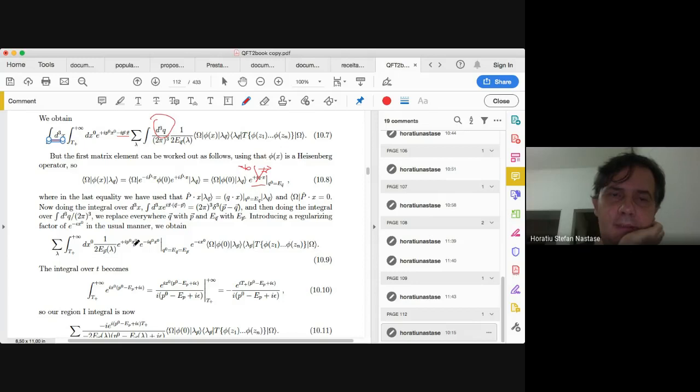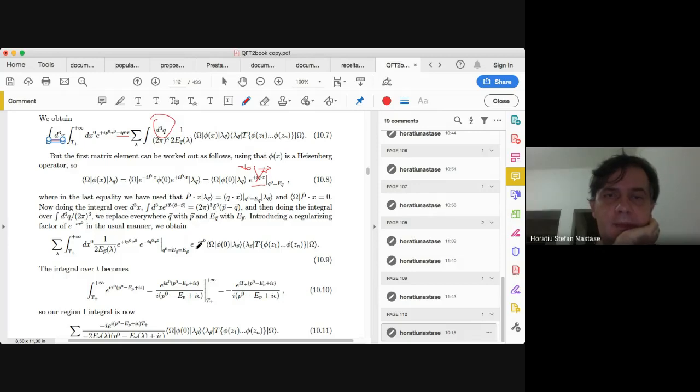So I have e to the plus i p0 x0 from here, and e to the minus i q0 x0 from here. But q0 is E_q, equal to E_p, that means this is actually 0.